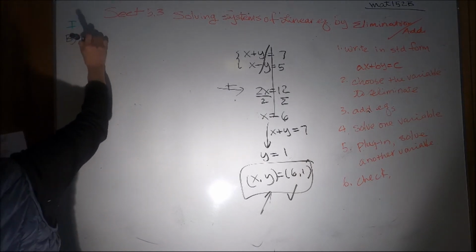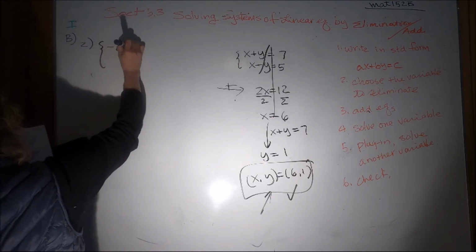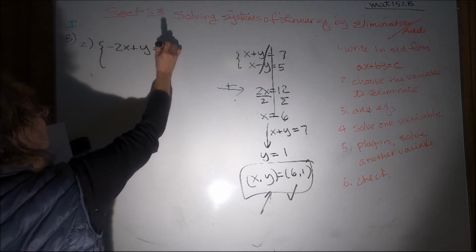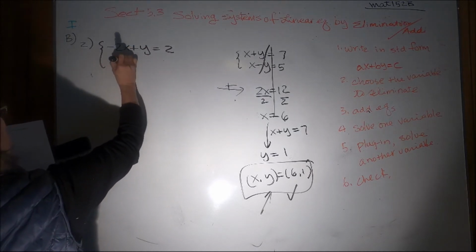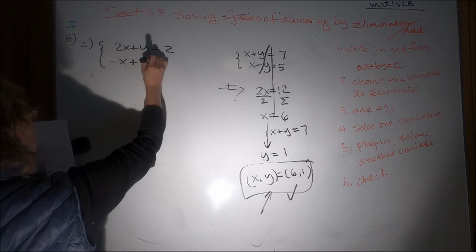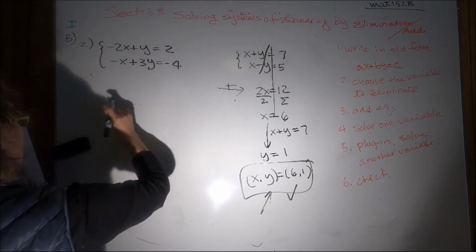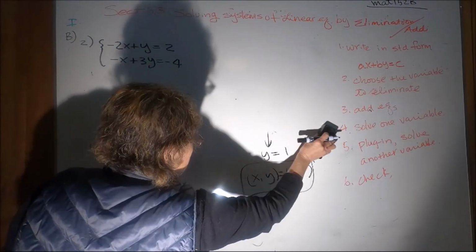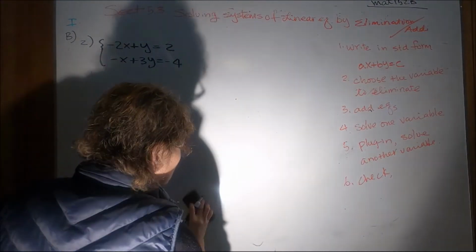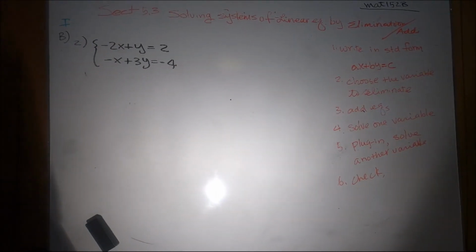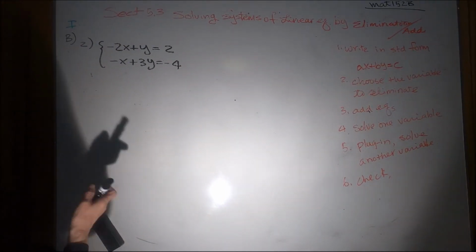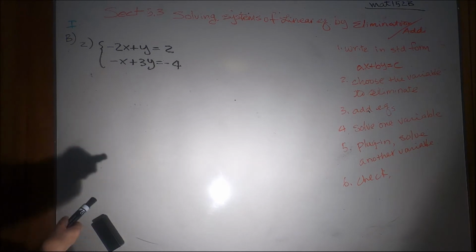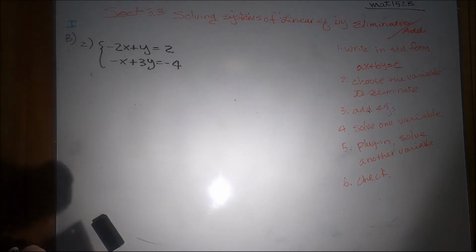Let's do one more. So first you decide which variable you want to eliminate. Either way will work. Then you have a simpler condition to deal with, reducing 2 unknowns to 1 unknown. Then it will be easier to solve.